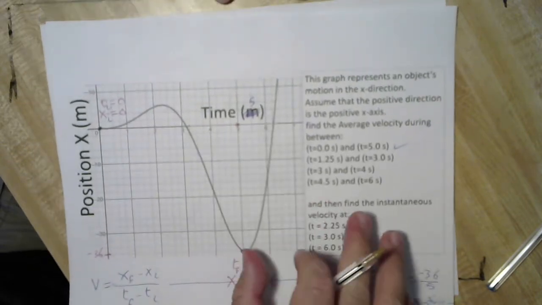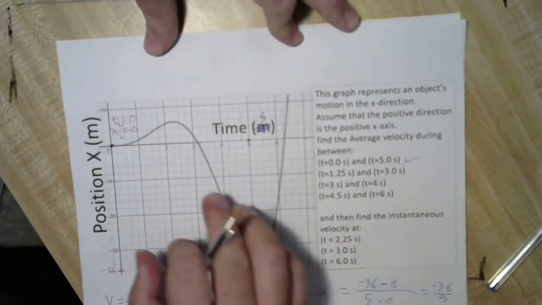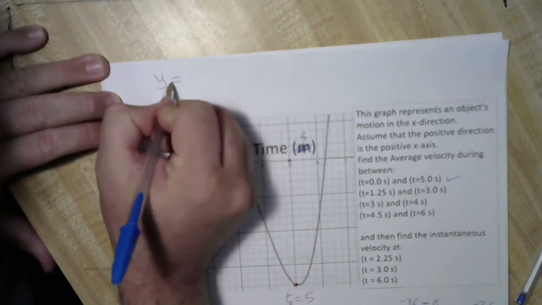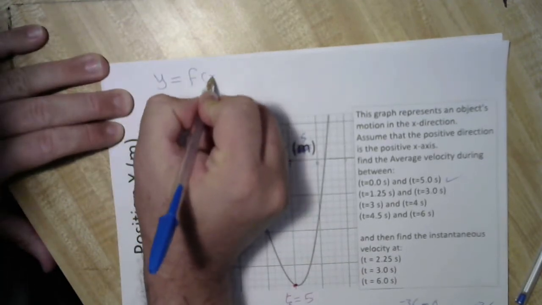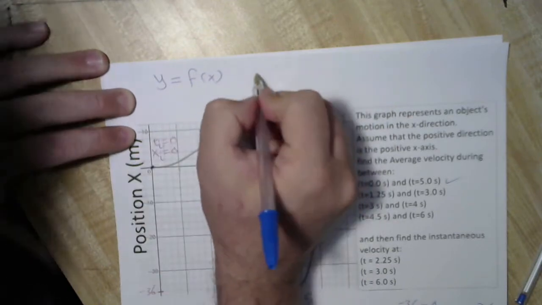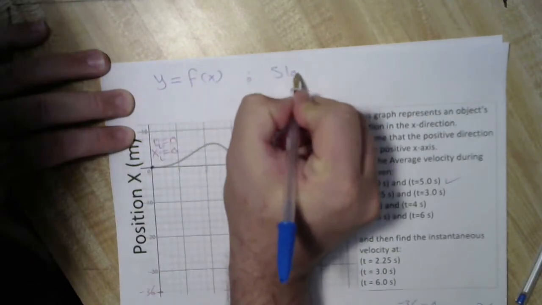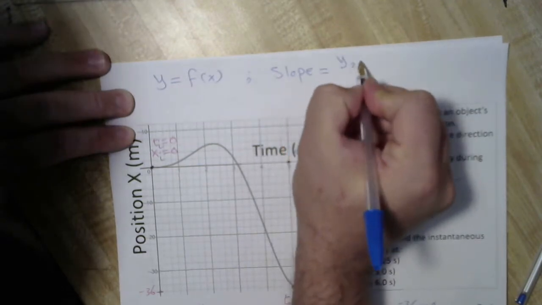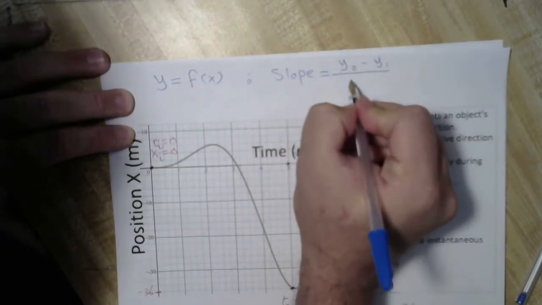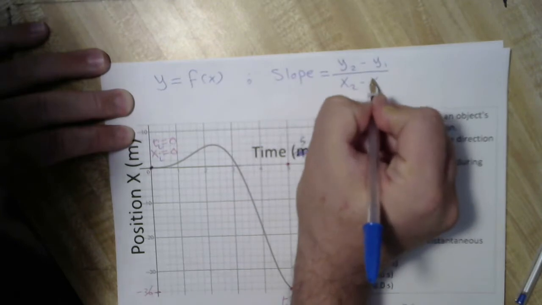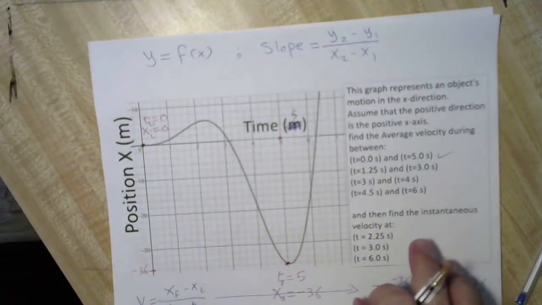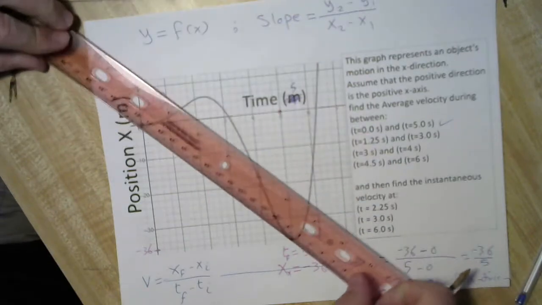I need you to remember this point. If I have a function y is equal to f of x, I can find the slope, which is equal to y2 minus y1 over x2 minus x1. In my case here, I really find the slope.